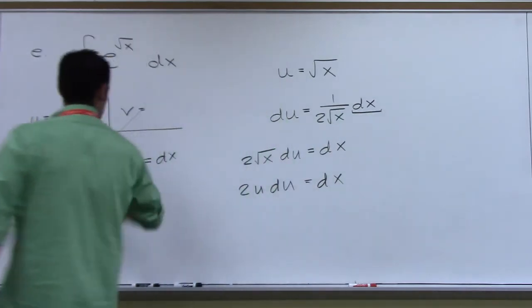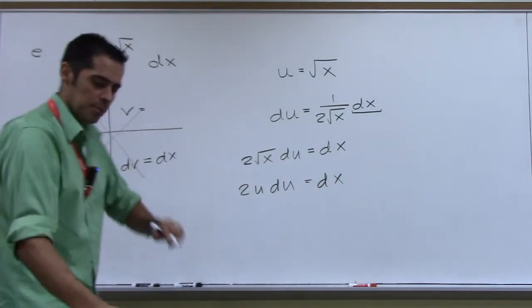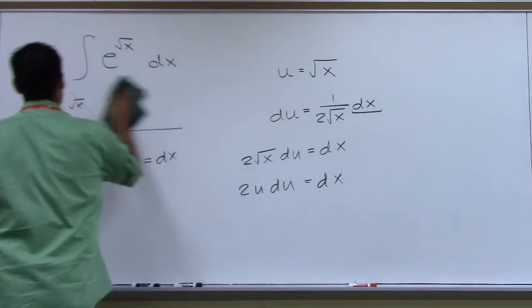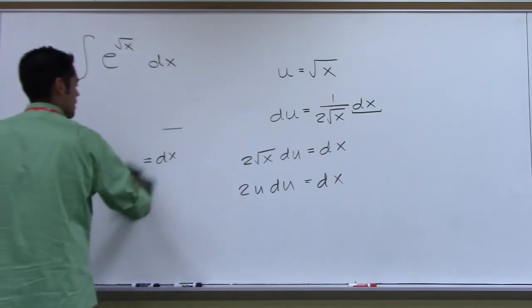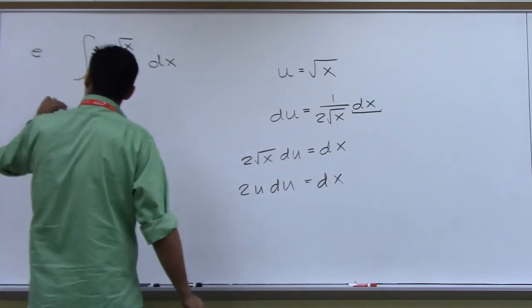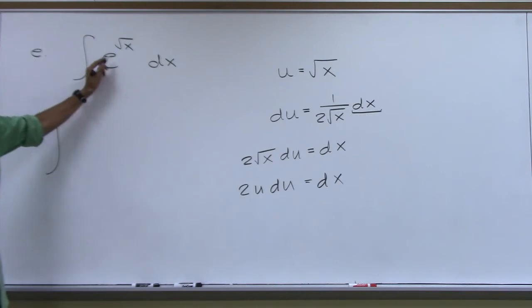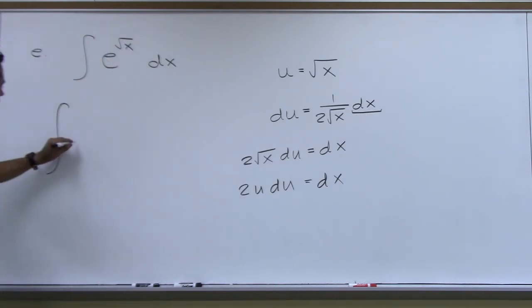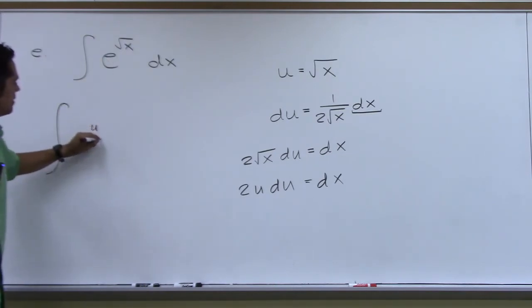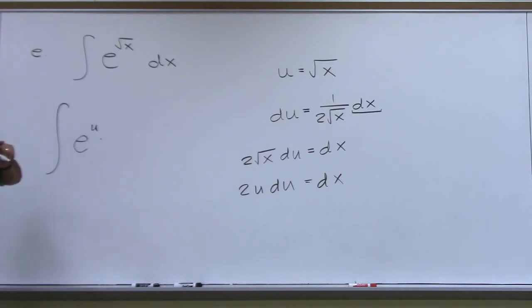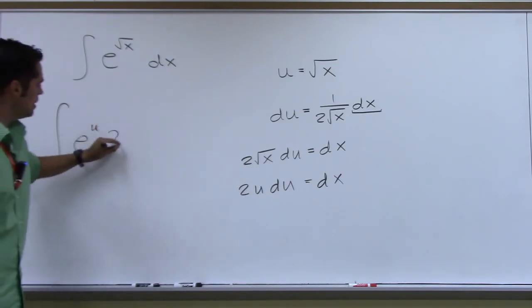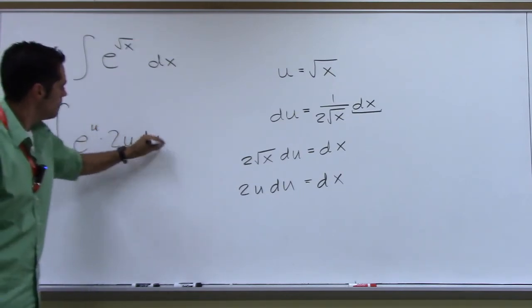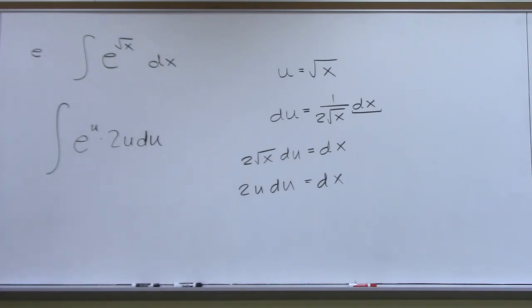So let me try and rewrite the problem then, because I'm almost out of time. This becomes the integral. What did we say e to this was? E to the u. And what are we saying dx is? 2u du. Yeah? That's what it is.